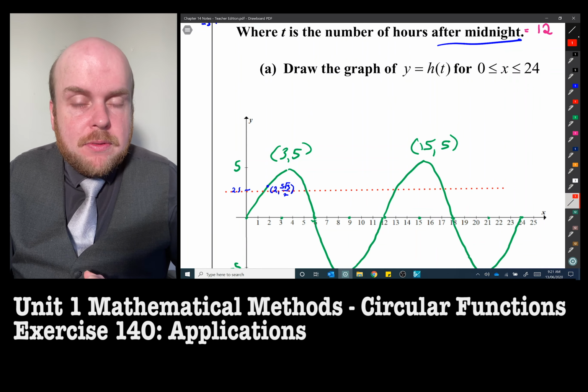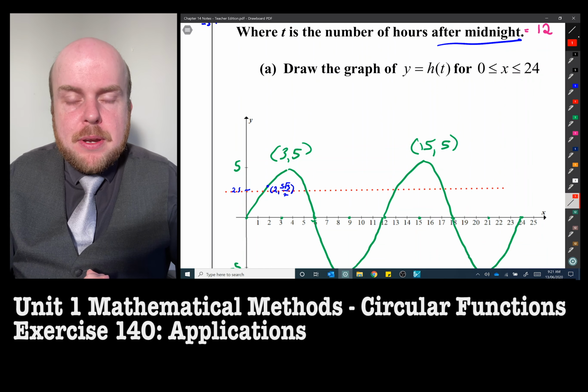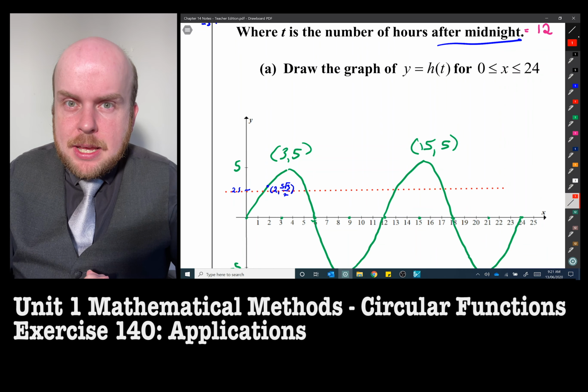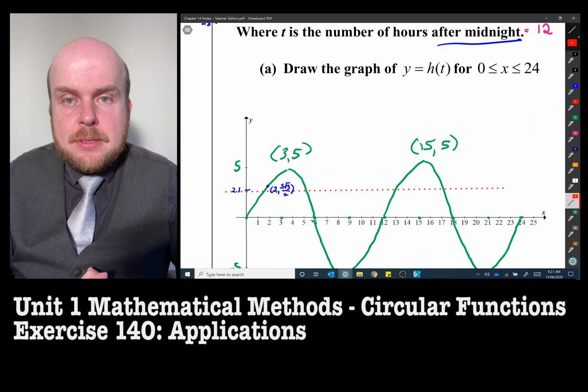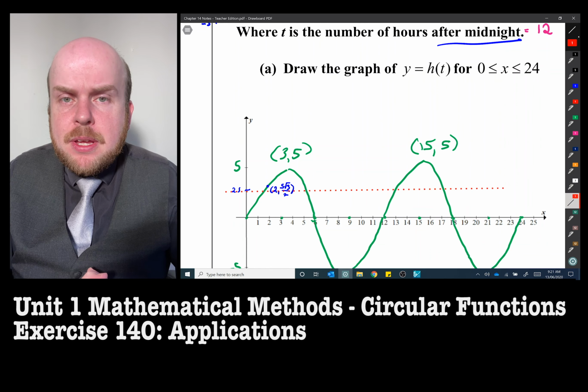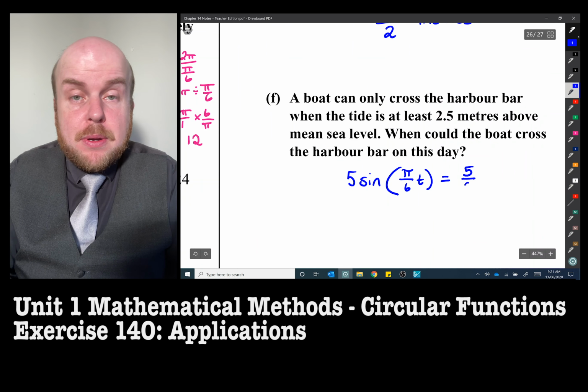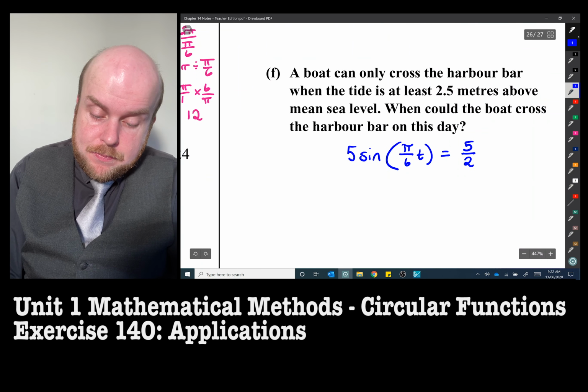So we'll need to solve for h(t) equals 2.5, so we'll need to solve for t. We have to be careful to see whether this will get an exact value. If it doesn't, we'll have to use the calculator. We can change that: 2.5 is 5 over 2.